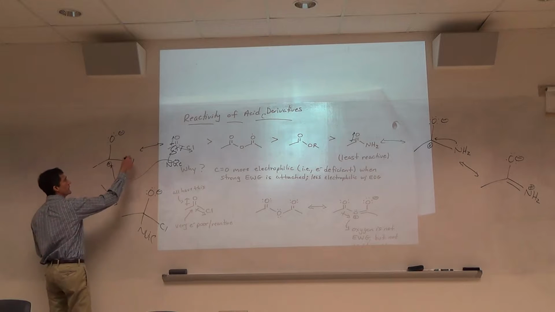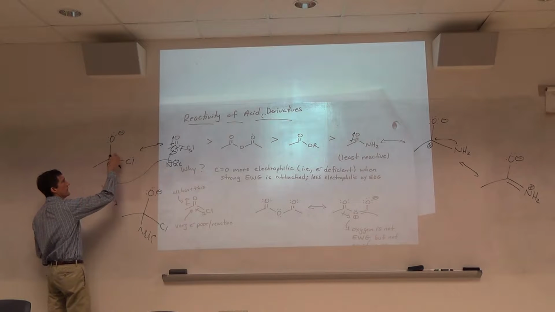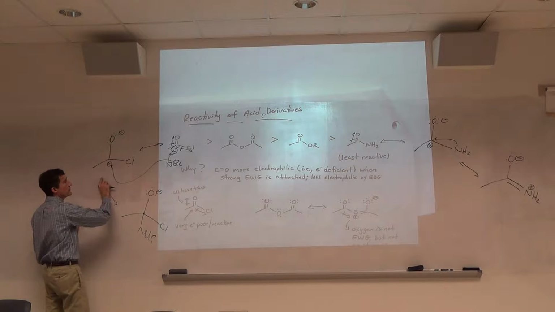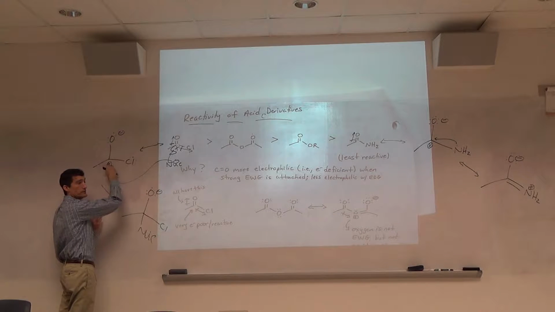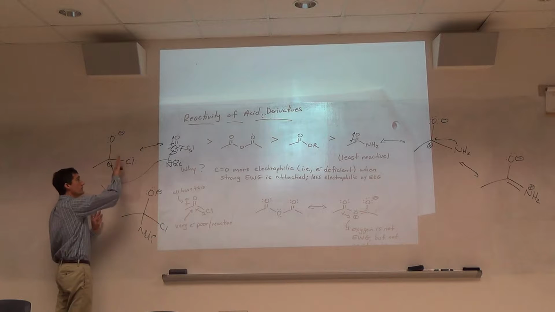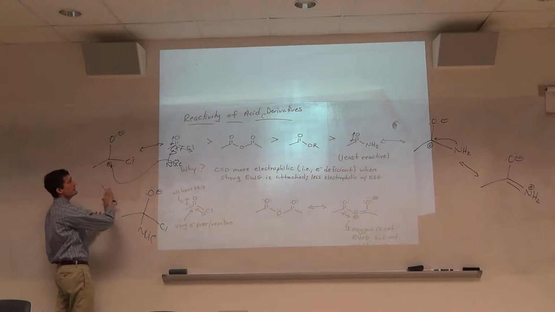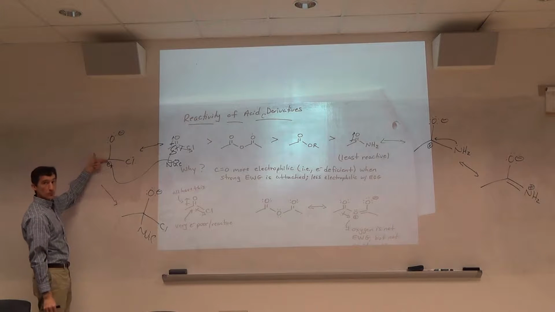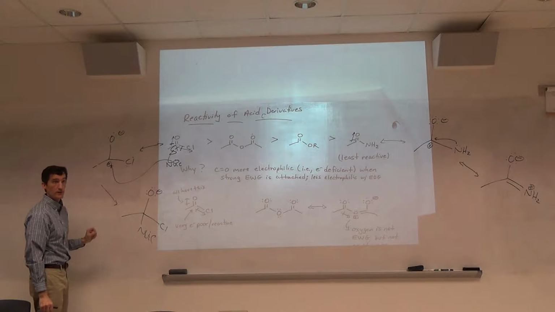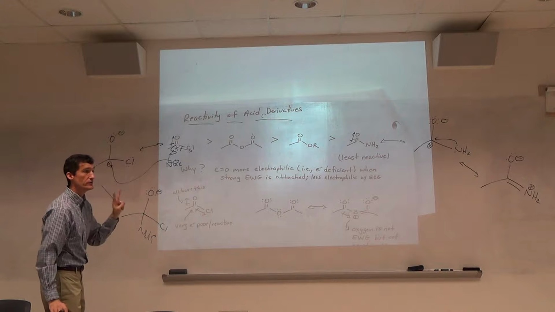Now you might be thinking, can't we draw a resonance structure here and show quenching of this partial plus? Well, you can, but remember, what's the major effect for chlorine? Donation or withdrawing? Withdrawing. Yes, you can draw resonance, but the main effect is withdrawing, and the withdrawing is going to make this more partial plus. So you've got to remember what's the major effect when it can do both.